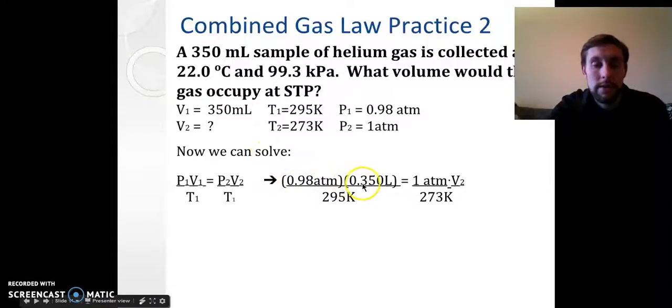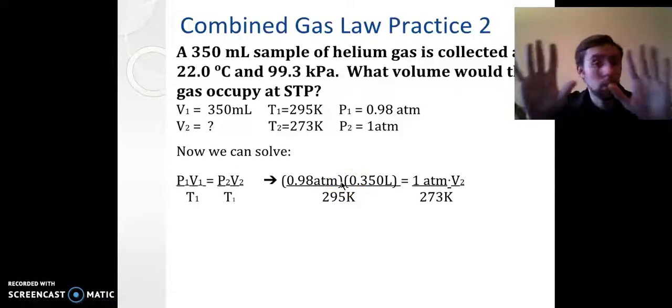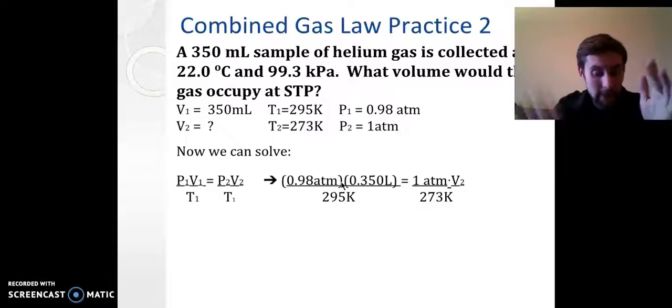Plug in the things we know. P1, V1, over T1 equals P2, V2 we don't know, we'll solve for that, over T2. Again, I know you got two things equal on different sides. Cross multiply and then divide.